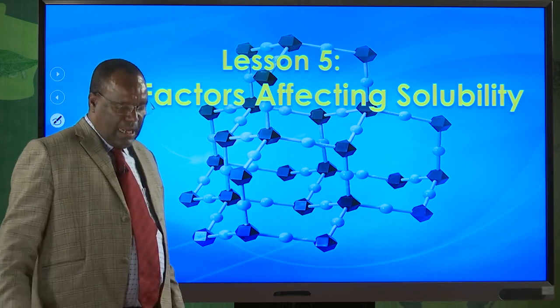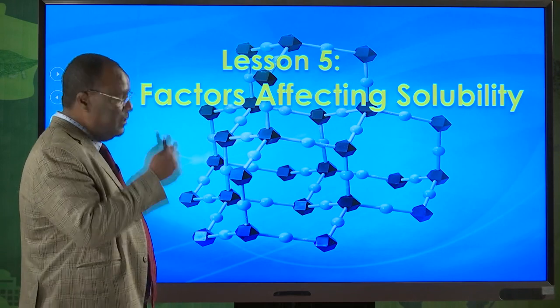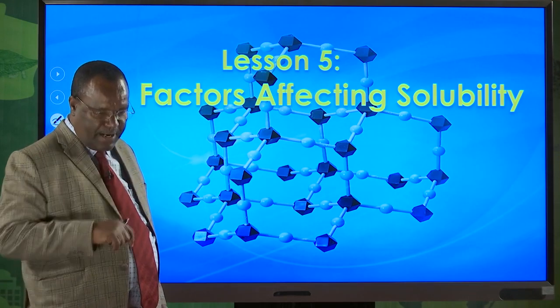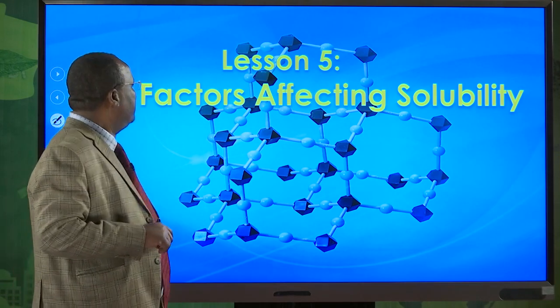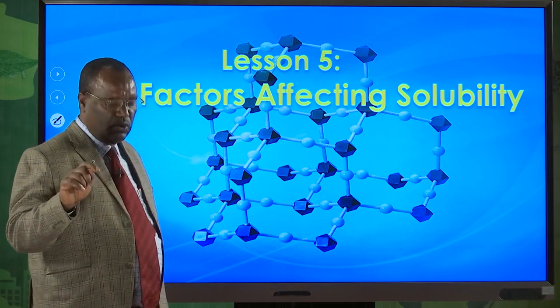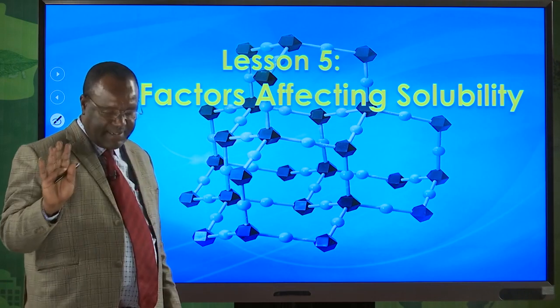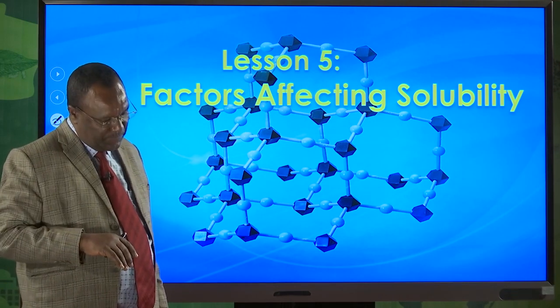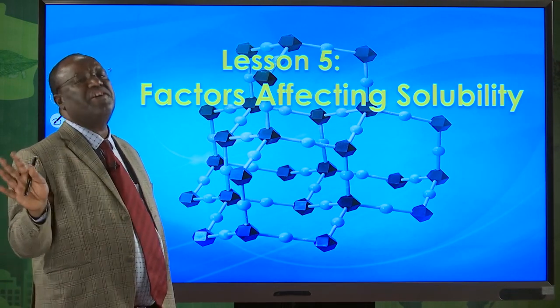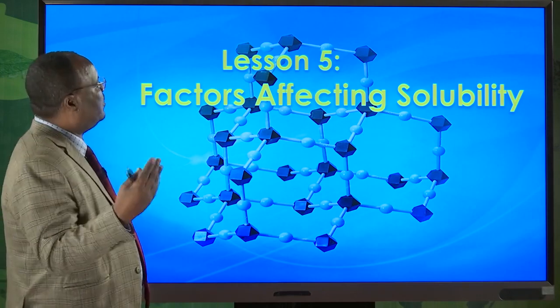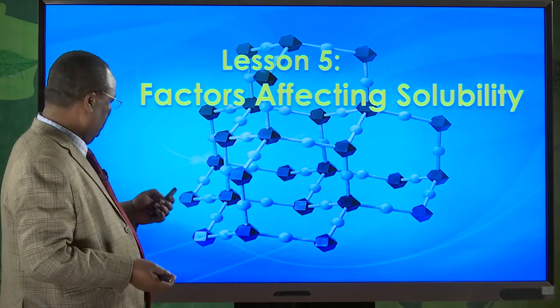Okay, the last and the fifth lesson in this part is factors affecting solubility. You are still on solubility. What factors affect solubility? There are conditions that affect solubility.